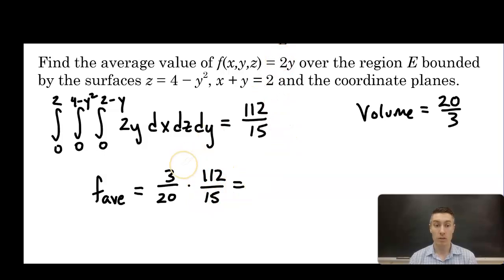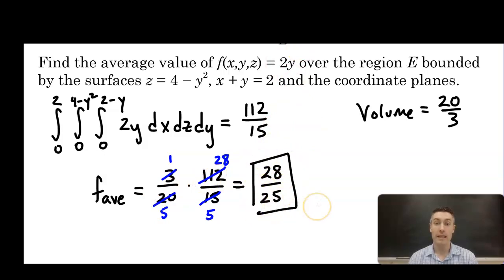Now with a little reducing, 3 and 15 would be 1 and 5, 20 and 112 would be 5 and 28, reducing by a factor of 4 there. So we get 28 over 25 as the average value of this particular function over the defined region.